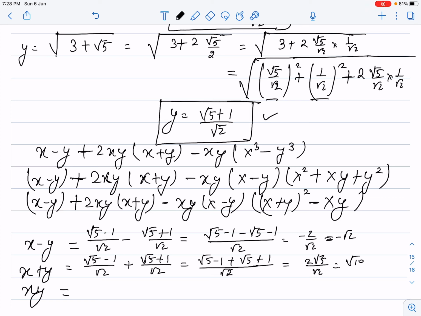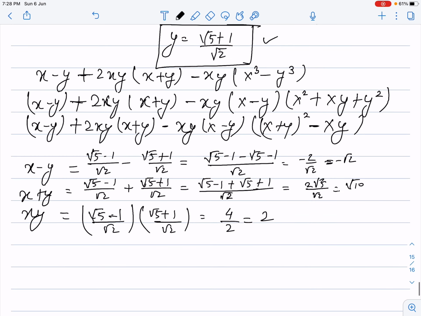Now let's see the xy value. That will become root 5 minus 1 by root 2 multiplied by root 5 plus 1 by root 2. And that will become 5 minus 1 in the numerator, 4, divided by 2, that is 2. Now let's substitute the values and get the final result. We get minus root 2 as the value of x minus y.